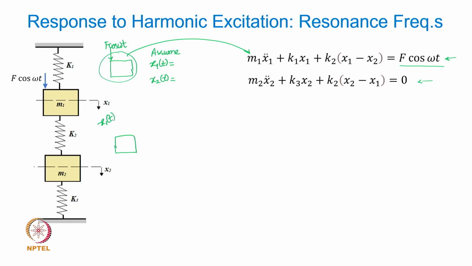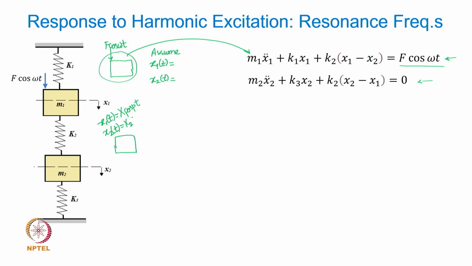In the free vibration case of 2 degree of freedom system, we tried to find a harmonic solution, a principal motion of the two masses, normal mode solution, where we assume that both masses will vibrate with the same frequency.